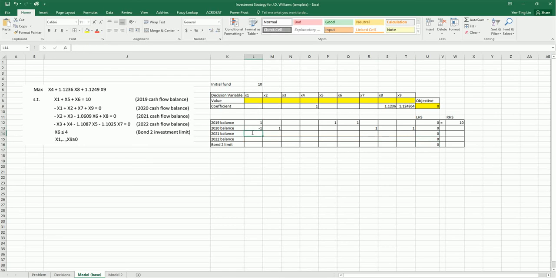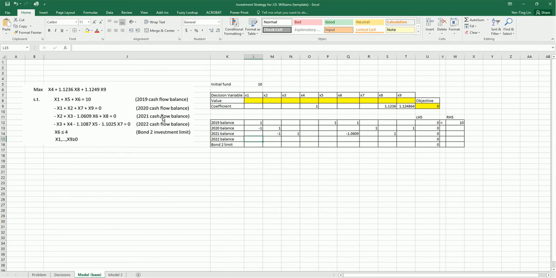Okay, we can enter the equation for constraint 3. So we have -1 for x2, 1 for x3. For x6, we have -1.0609 and 1 for x8.